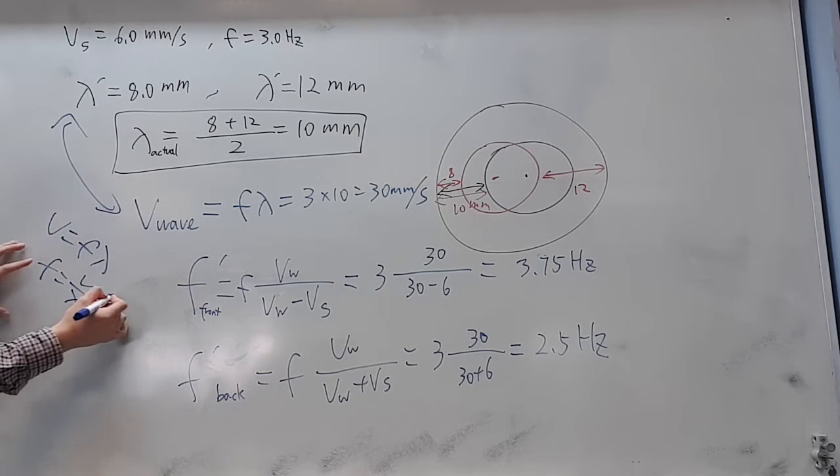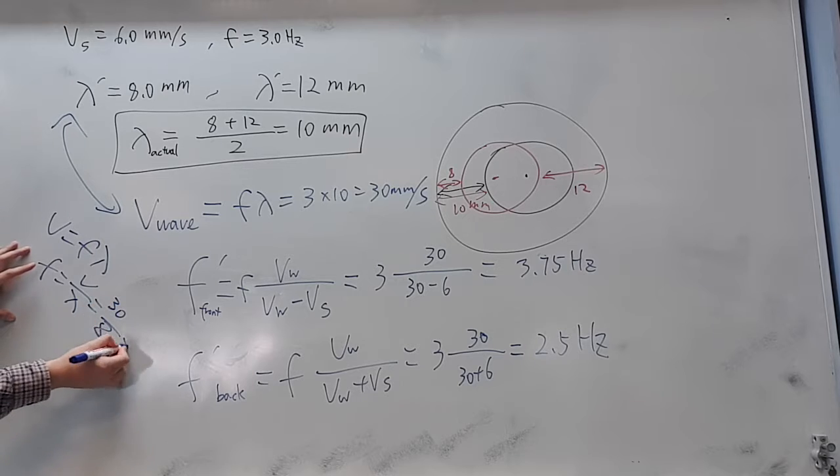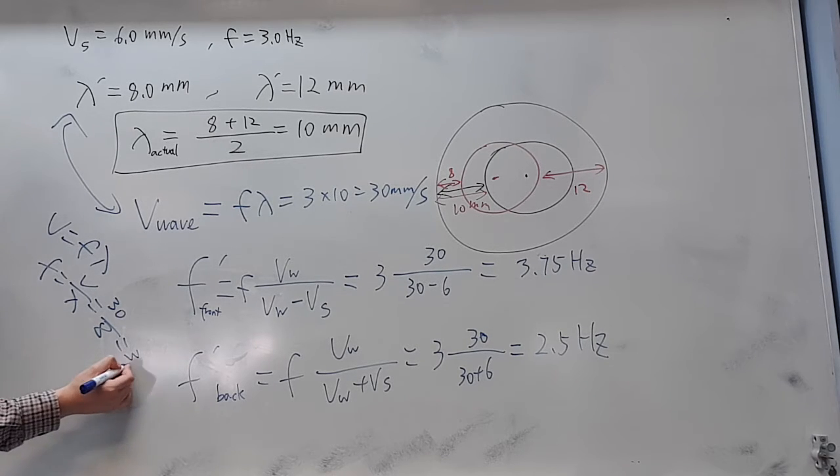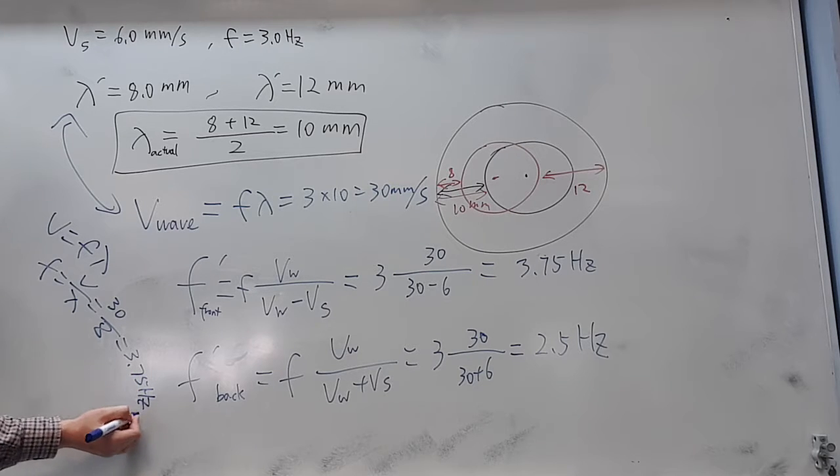So V is 30, and lambda is 8. Put this in the calculator. That should give me the same value, right? That should equal 3.75 hertz. Yeah.